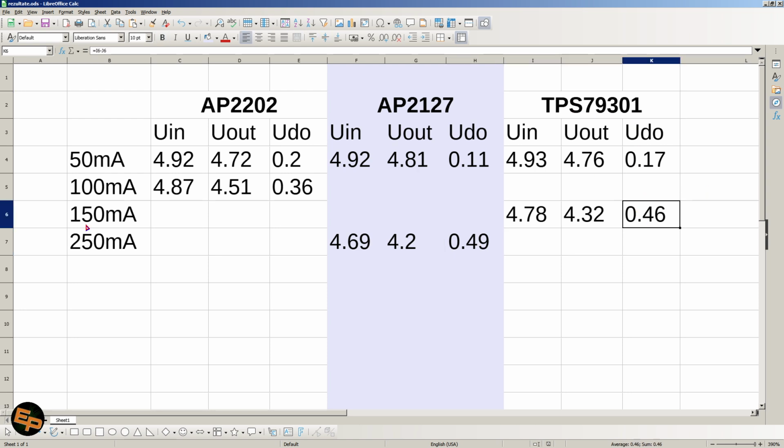And the Texas Instruments one at 150 milliamps needs 460 millivolts dropout voltage in order to give us a good performance. So this is pretty much it.